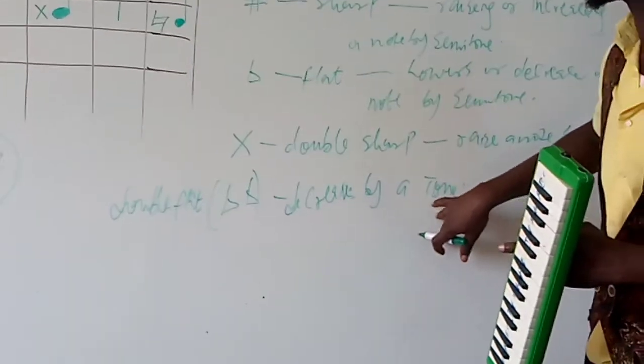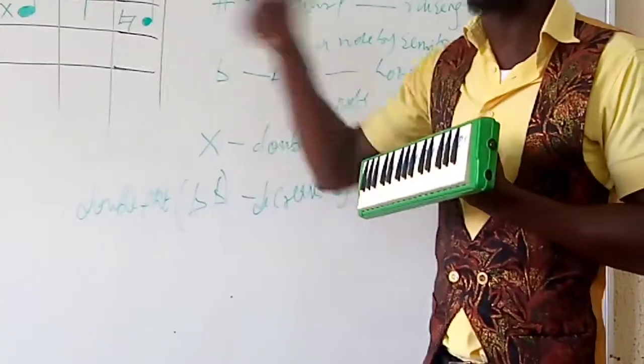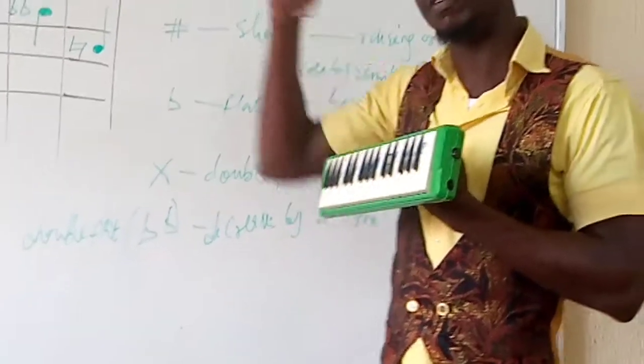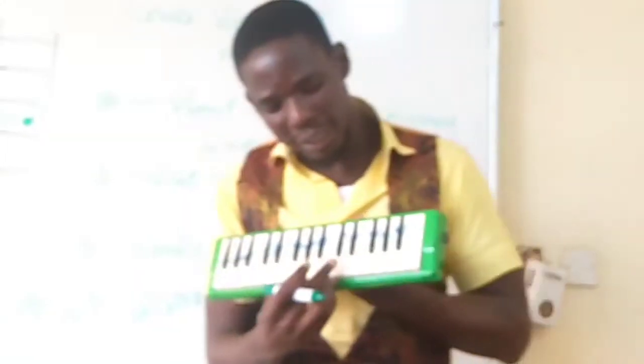A tone. So in other words, if the sign is placed before a note, it means that note should not be played, but the note a tone from that note backwards should be played. Let's look at it this way.